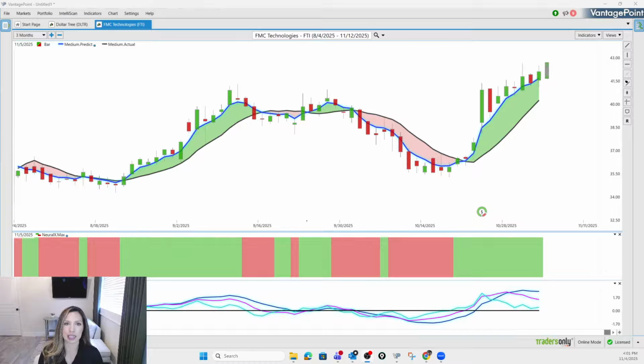If you haven't seen the software just yet, I always like to make sure that we start off at a point where everyone can follow along, because whether you're a VantagePoint customer or you're seeing the software for the first time, we will walk through the technical analysis together so everyone can get something out of this session.